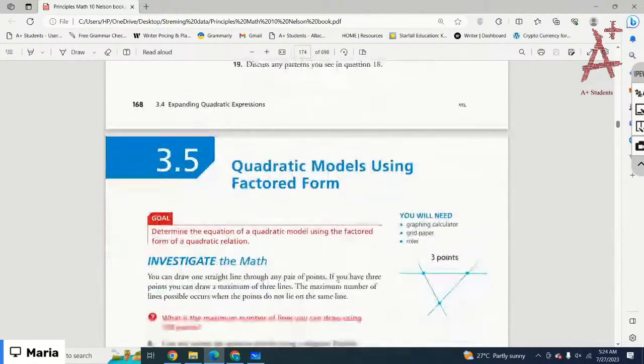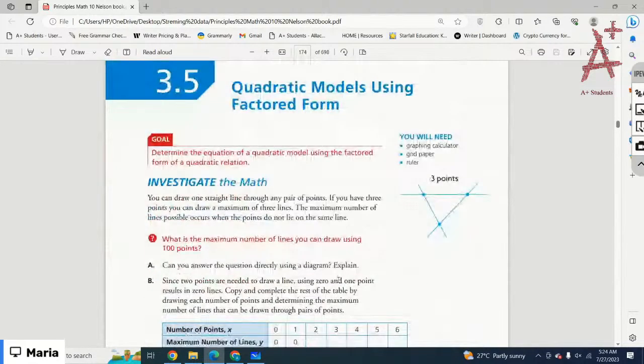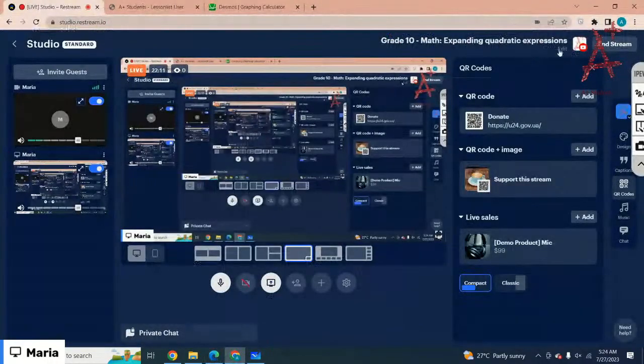I'm going to start 3.5, that is quadratic models using factored form. Let me just write down the lesson name.